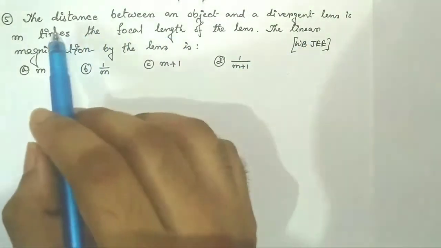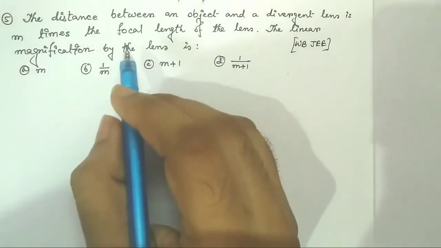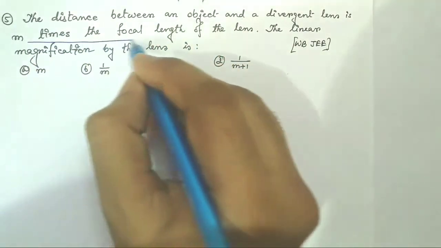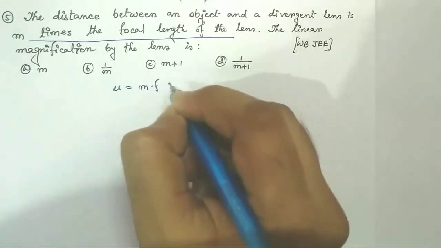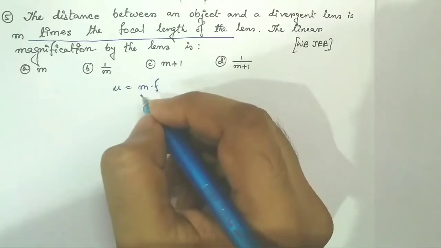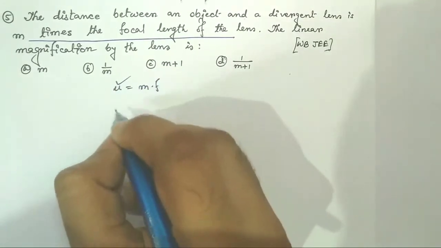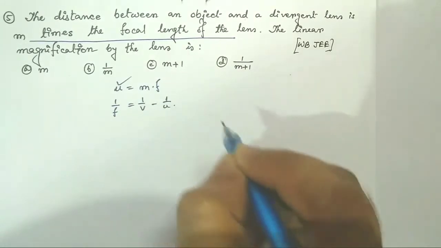Here it is given that the distance between the object and the divergent lens is m times the focal length of the lens. So we can write u as m into f, where f is the focal length of the lens, u is the object distance. But from the lens formula we know 1 by f equal to 1 by v minus 1 by u.